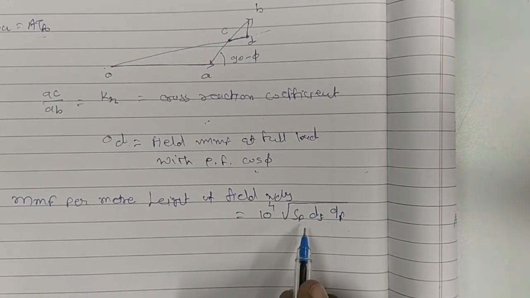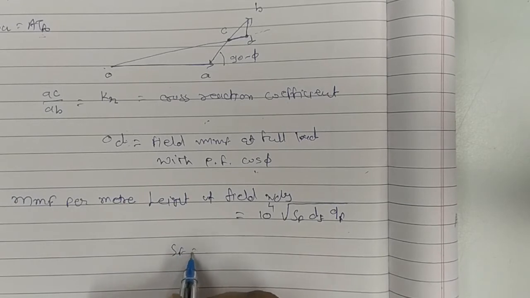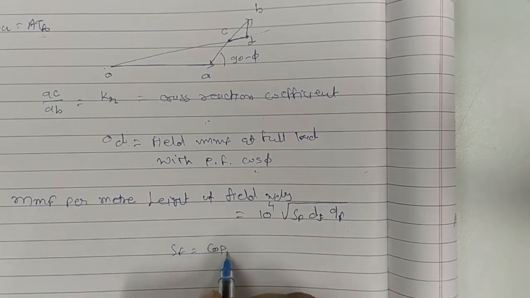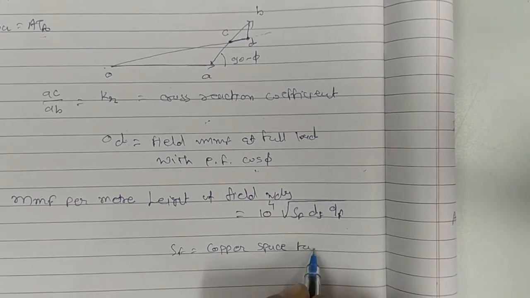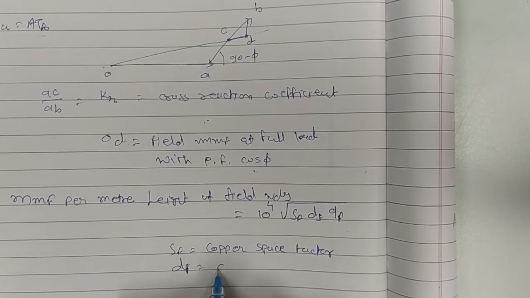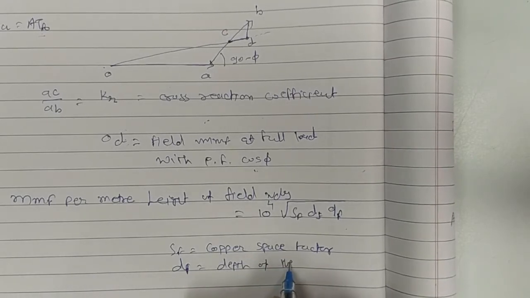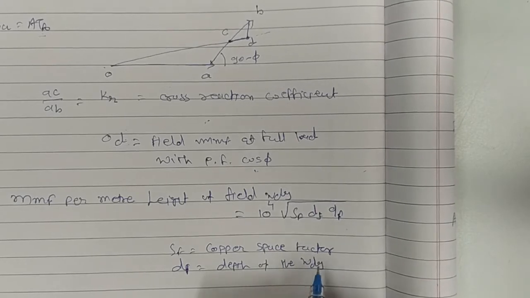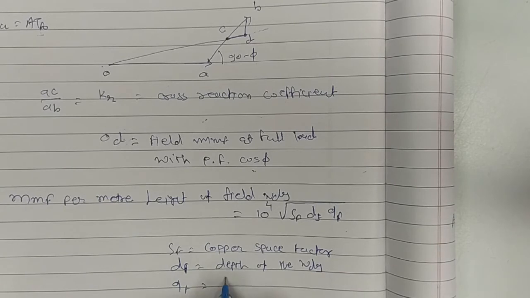Now these are new terms for you, but I will tell you what they are. SF is the copper space factor, DF is the depth of the winding, and QF is the loss per unit surface.